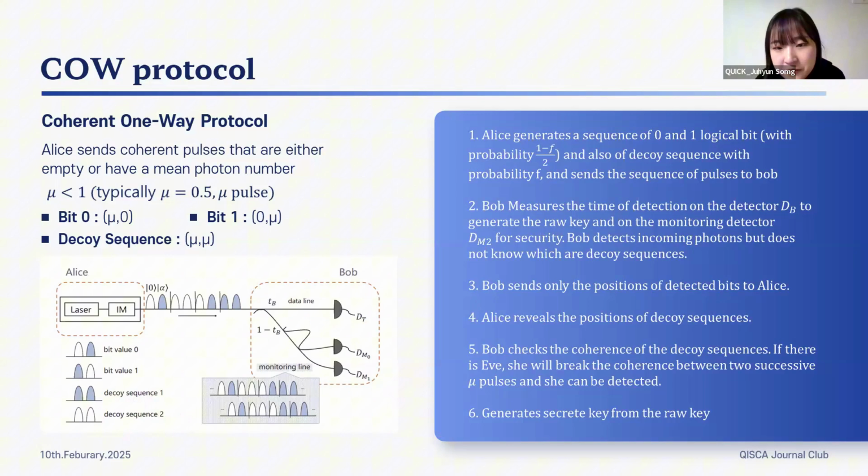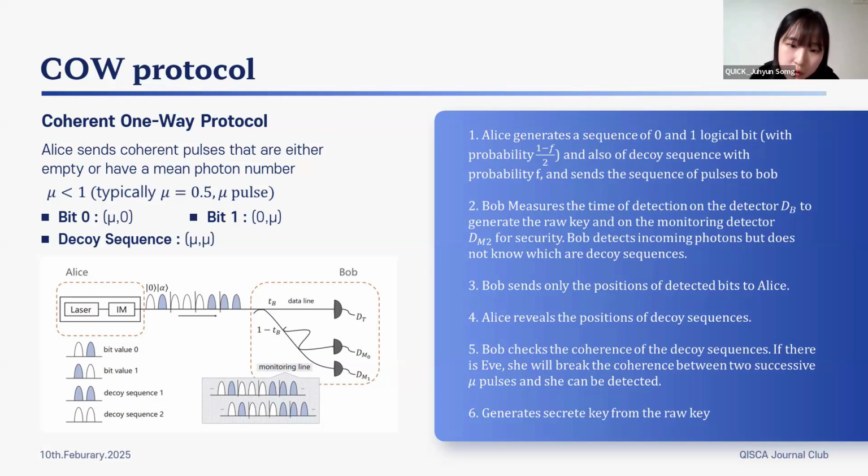If Eve tried to intercept and measure the pulses, she would break the coherence between these pulses, disturbing the interference patterns. So if the visibility of these decoy pulses is lower than expected, Alice and Bob assume Eve is present and discard the key they made.